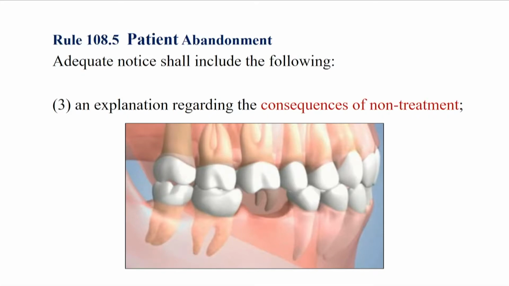Whatever the consequences of non-treatment are, those should be listed in your letter, depending on the treatment plan, depending on the particular diagnosis, depending on the particular status of treatment, depending on the particular point in time that you are in treatment, whether or not they are in temporaries, anything that has to do with what their current status is, what they need to have done going forward, treatment-wise, and the consequences of that non-treatment needs to be articulated in this letter.